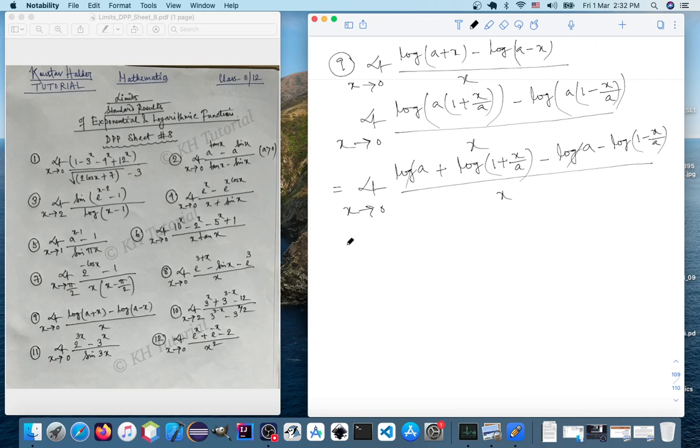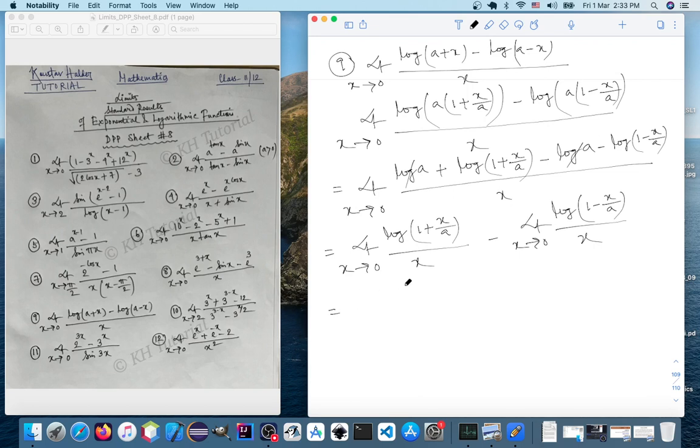Log A gets cancelled, and we can split these two terms and we get log(1 plus x by A) by x minus log(1 minus x by A) by x.